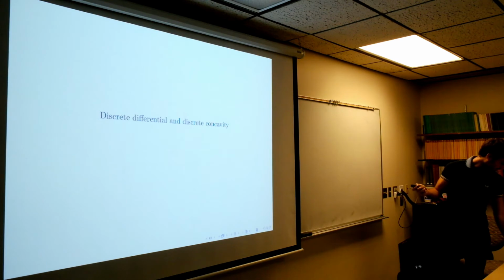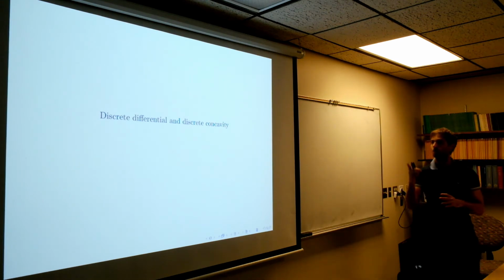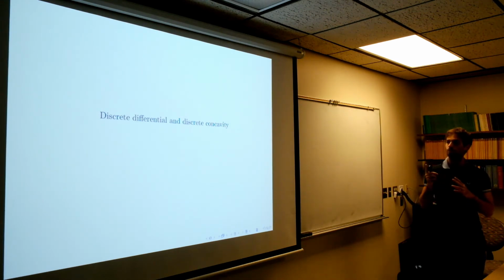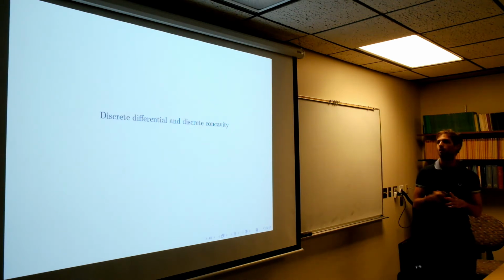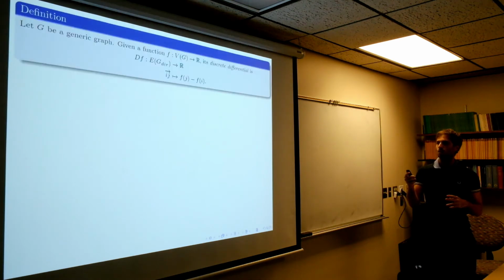But before concluding very soon, I want to say something about another way to define a center, or at least another way to choose mu in the definition of the mu center. So here we again let G be a generic graph, not a tree anymore. But we consider a very specific class of mu functions, which I call discrete differentials.